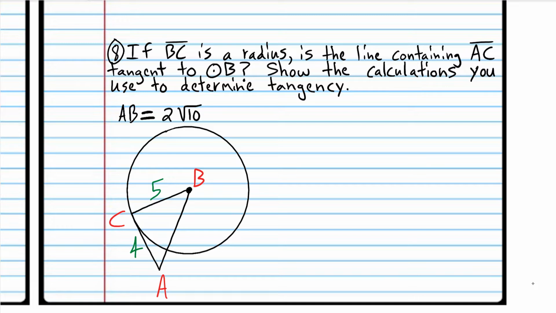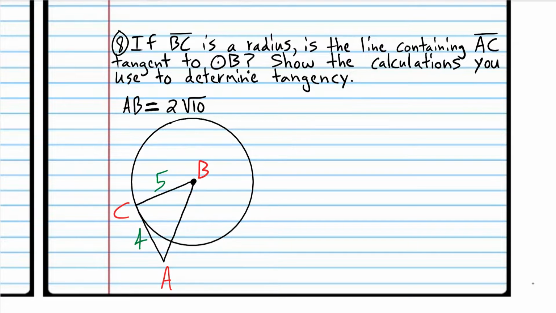If a line is perpendicular to a radius, and we're talking about the line that contains segment CA, if that yellow line is perpendicular to a radius at the endpoint on the circle, the endpoint being here, if that yellow line is perpendicular to the radius, the purple radius, at that orange point, then the line is tangent to the circle. So that yellow line must be a tangent.